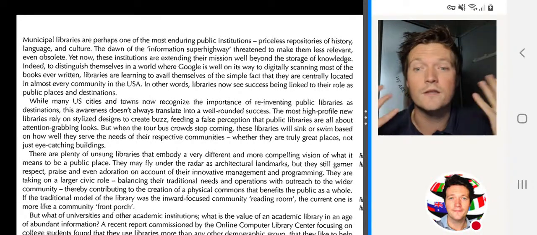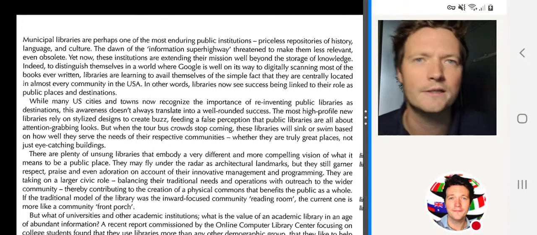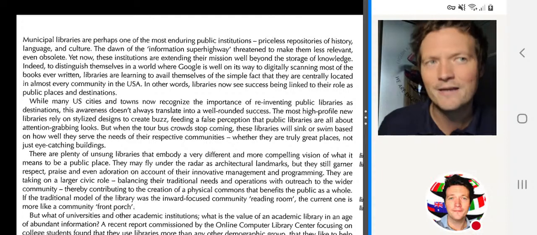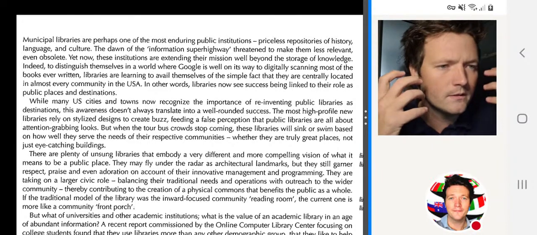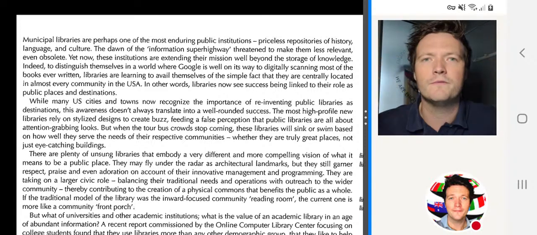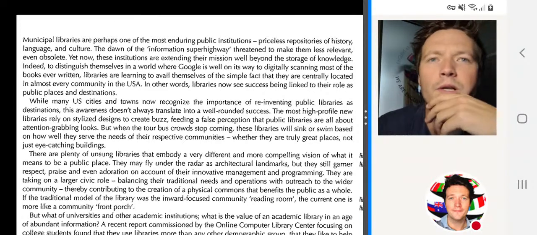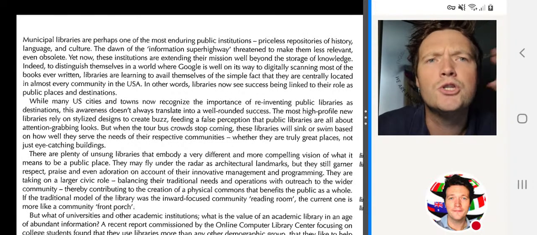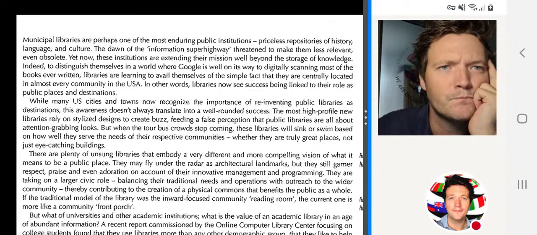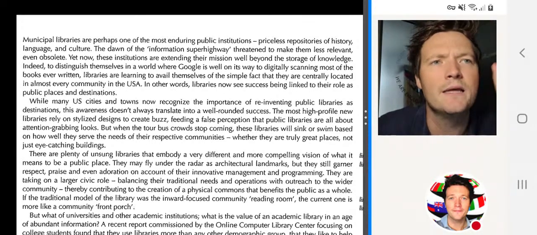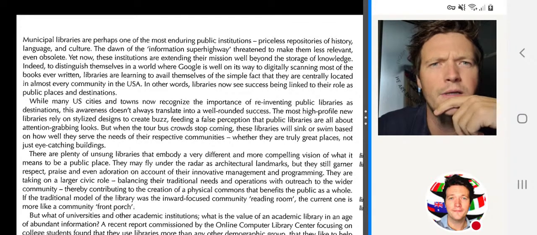So he thinks that they're very important for us culturally, historically. They're important for our language, right? They have this sort of preservatory role in society. I don't know what it is exactly. The dawn of the information superhighway threatened to make them less relevant and even obsolete, right?